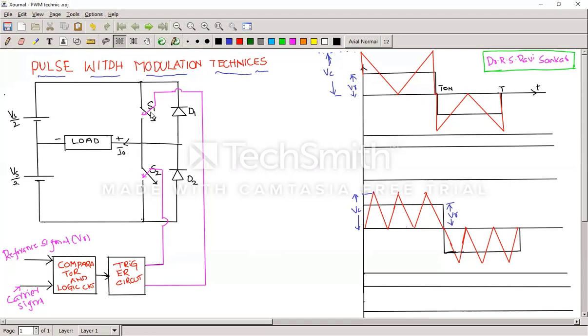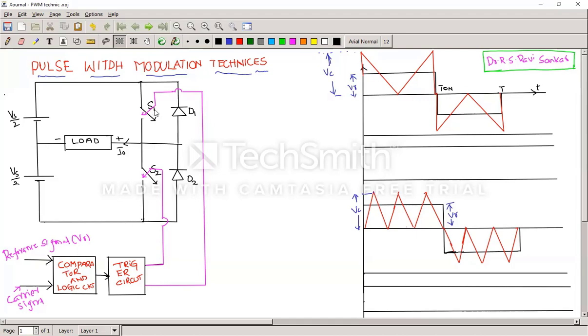These are the switches. These switches require a base voltage, S1 as well as S2. D1, D2 are nothing but feedback diodes. This is the Vs by 2. This is the Vs by 2. There are two sources. Now we want to apply the pulse to the S1 as well as S2, so that we can control the output voltage.